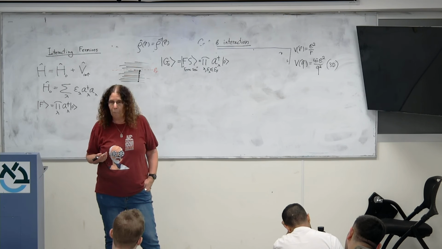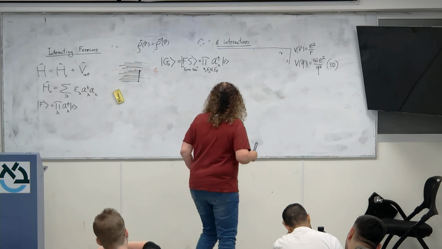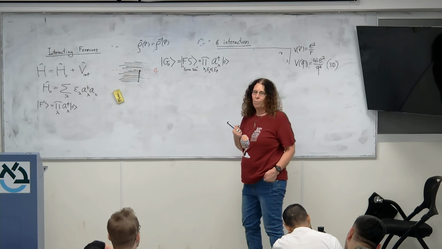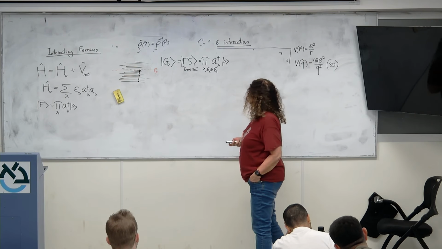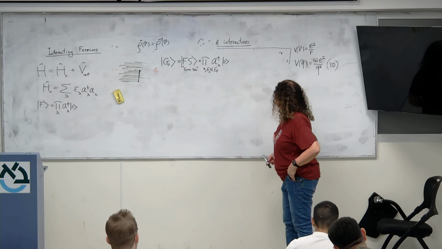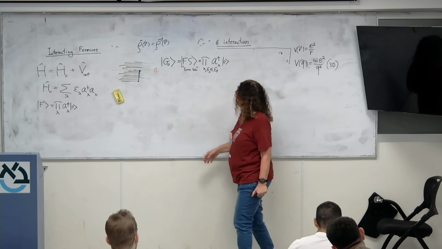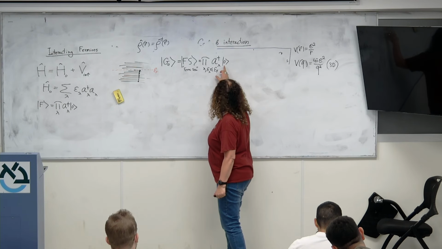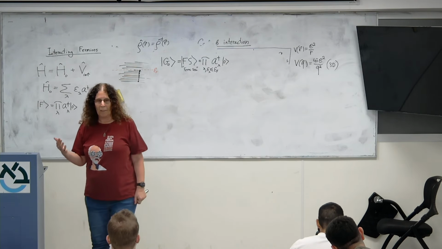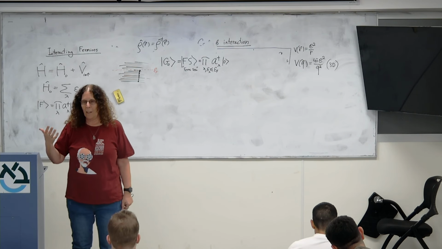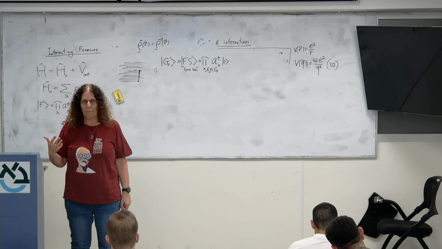For fermions. Okay, so this suggests that we can change our representation in such a way that the empty vacuum will not be important. We are going to redefine the vacuum as the ground state. Okay?